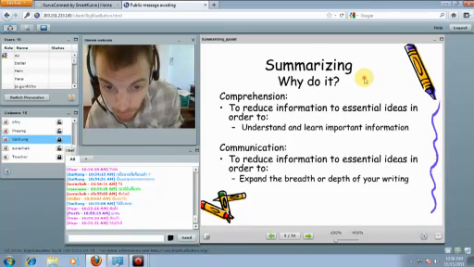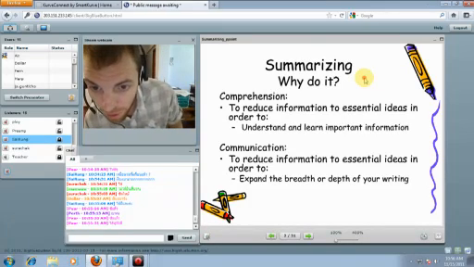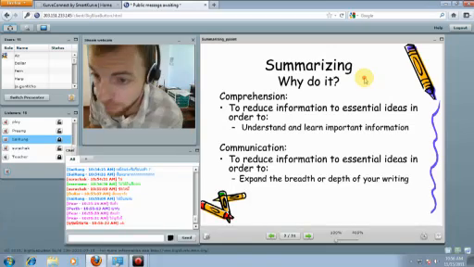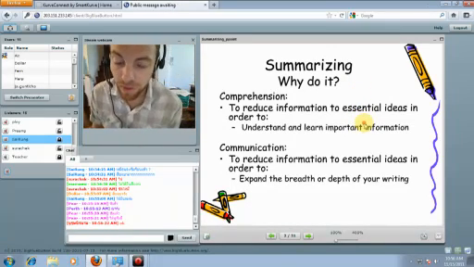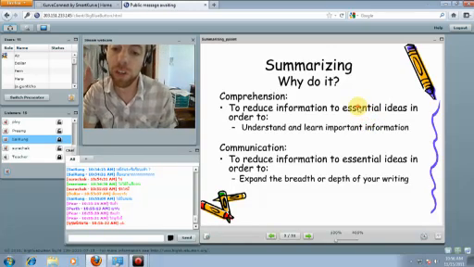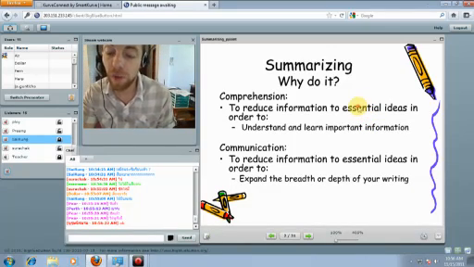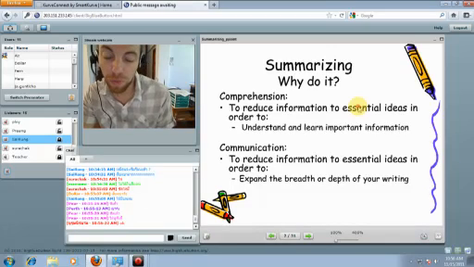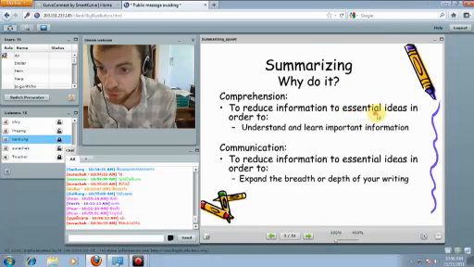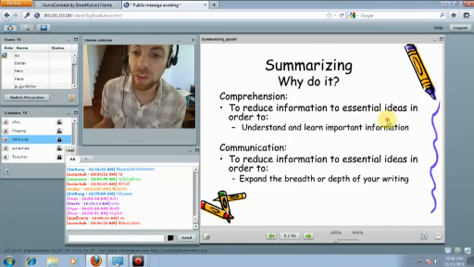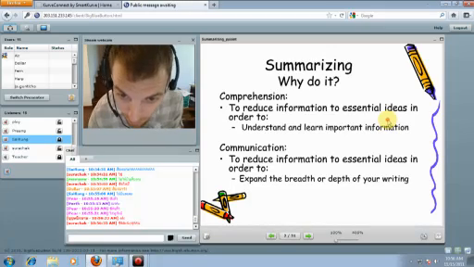So, why do it? Comprehension. So we want to reduce the information to essential ideas. We have a lot of information in any paper or in a 200-page book, but we want to talk about the essential ideas, the most important ideas.